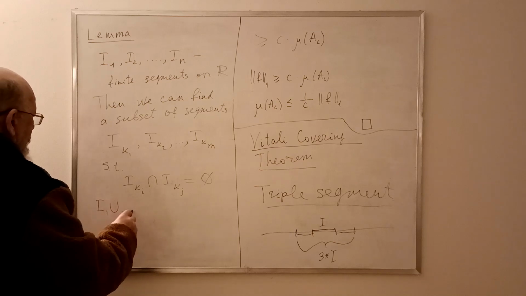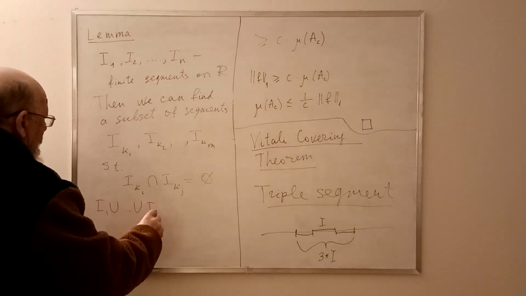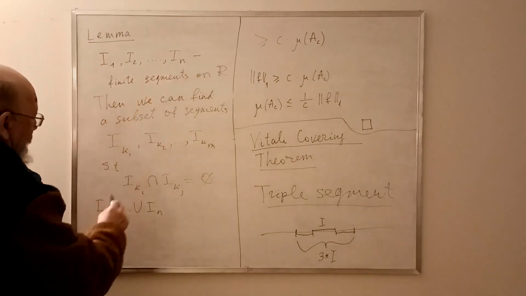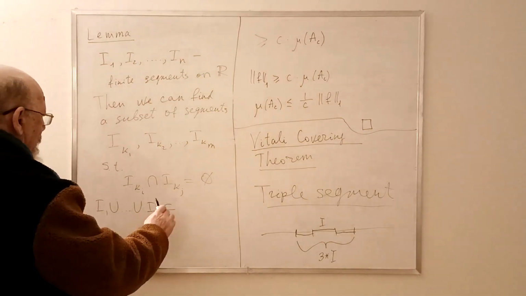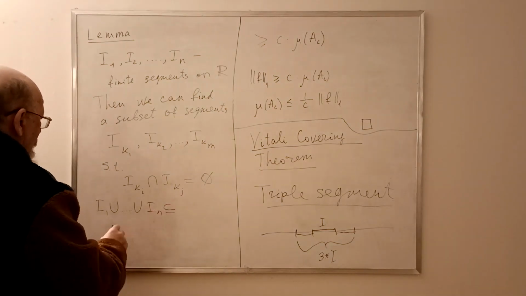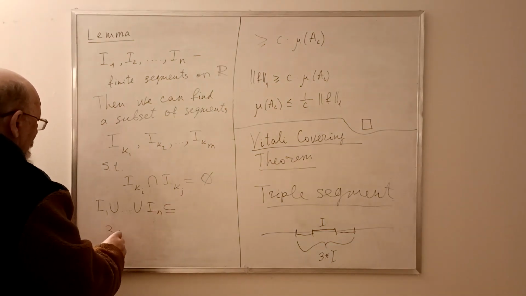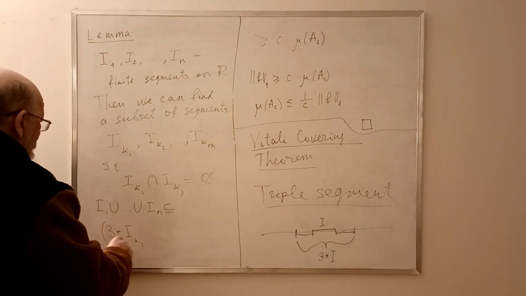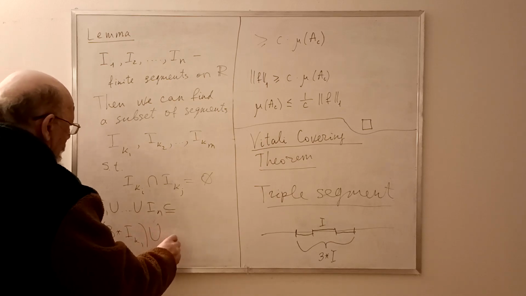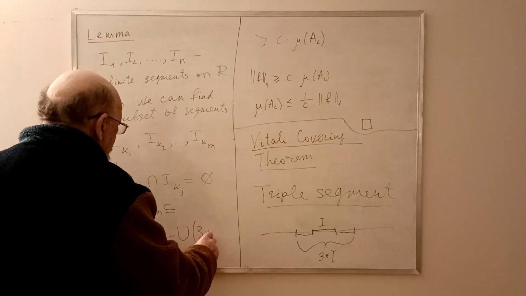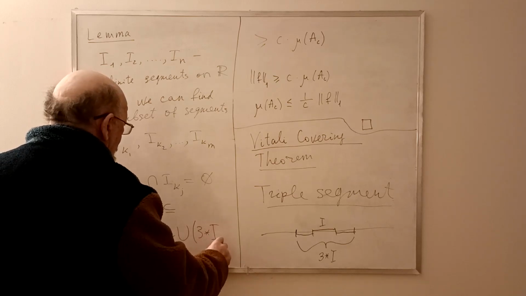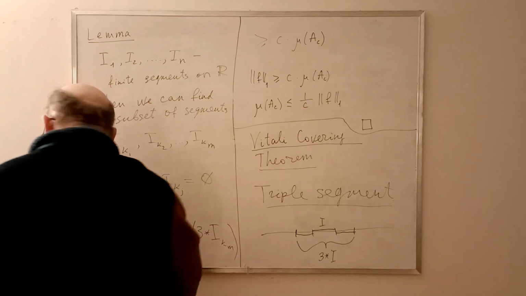the union of the initial segments I1 and so on is fully contained in the union of the tripled I K1, and so on, tripled I KM.